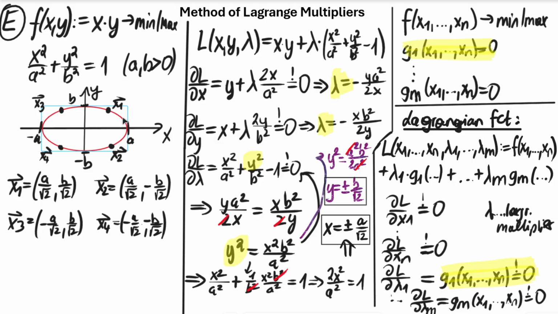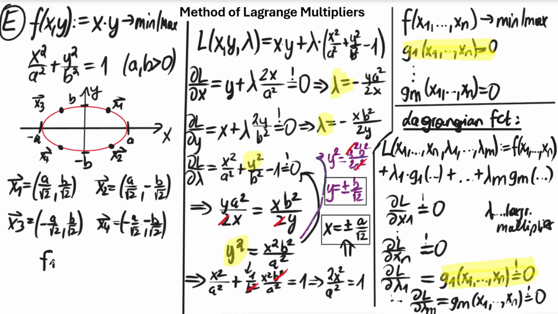However, the Lagrange multiplier method doesn't allow us to determine whether a critical point is a minimum or a maximum using the second derivatives. Instead, we must rely on symmetry or compute the function values directly, which we're gonna do now. So we calculate the function values at the 4 candidate points. As f of xy is x times y, what are my function values now?